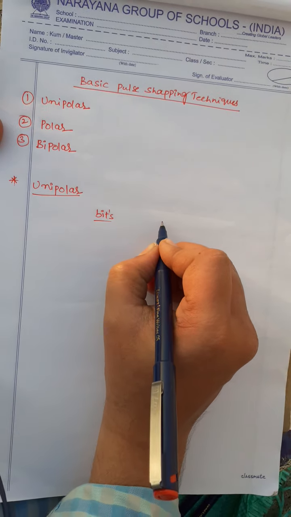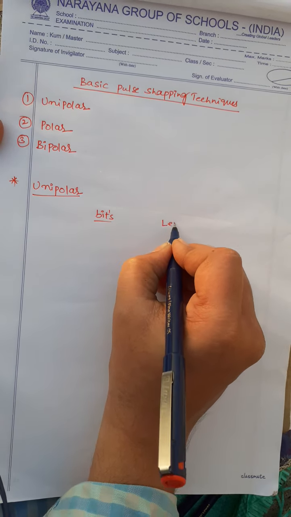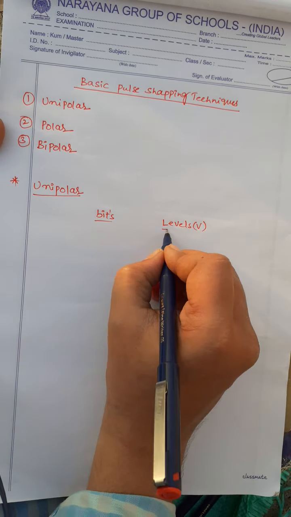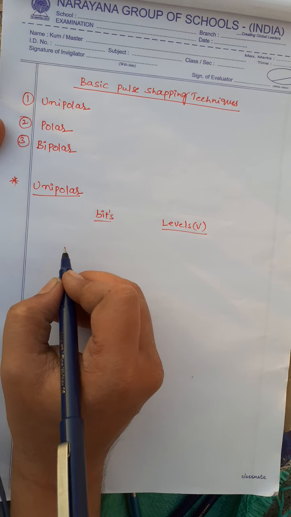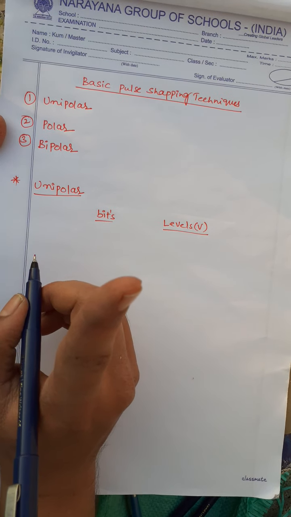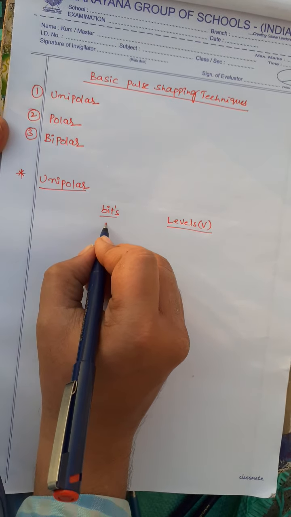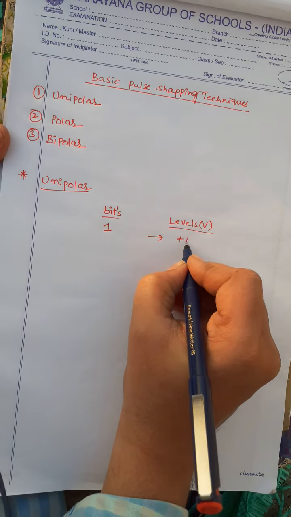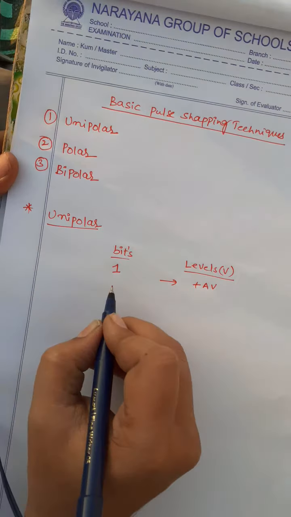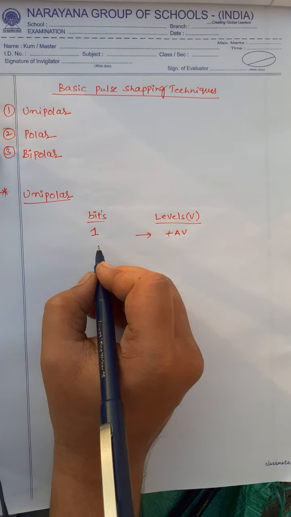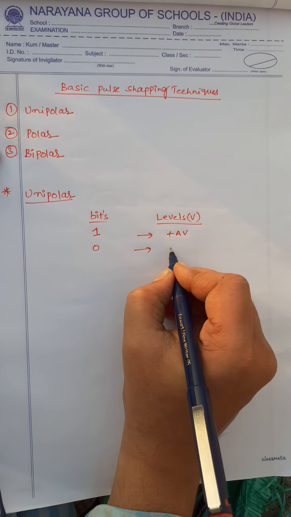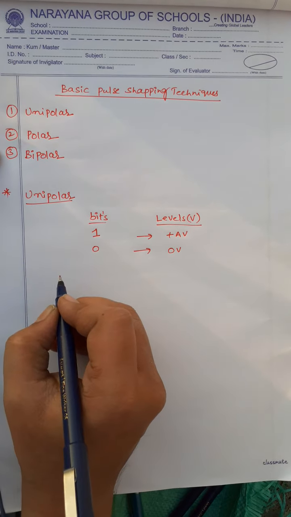These bits will be represented in levels, that is, in voltage. Now, there are only two voltage levels available. Bit 1 is represented by a level of plus A volts. Bit 0 is represented by a level of 0 voltage.